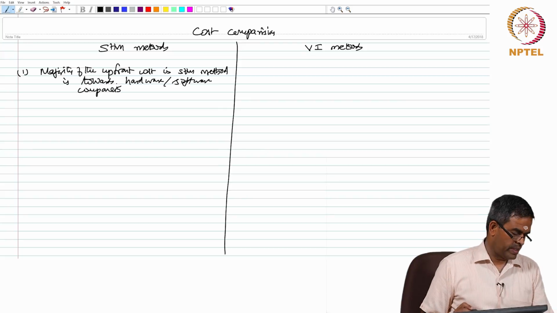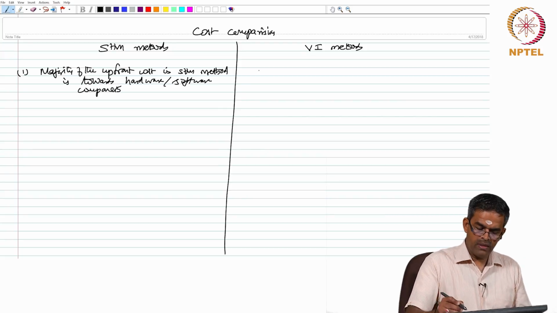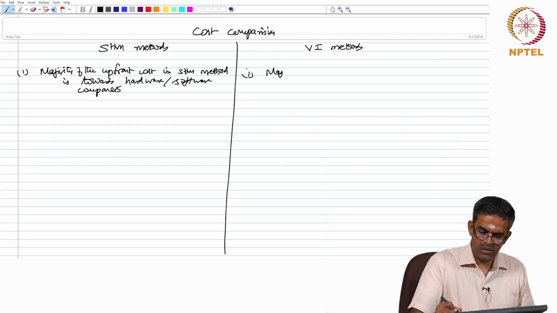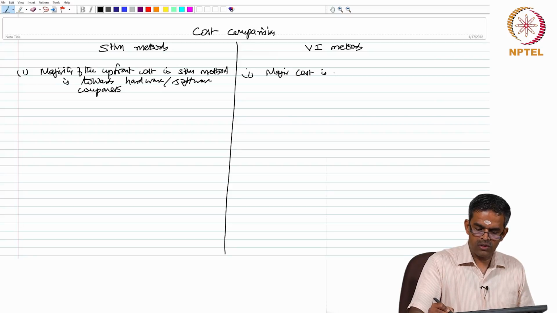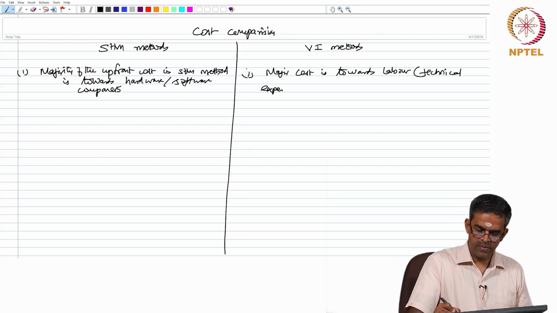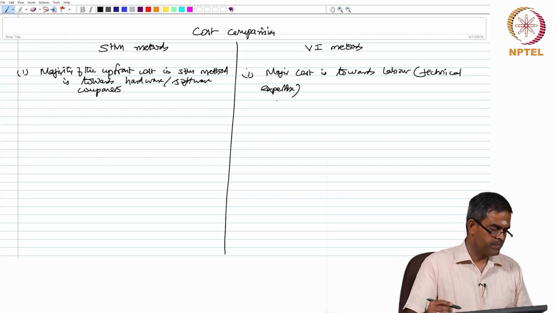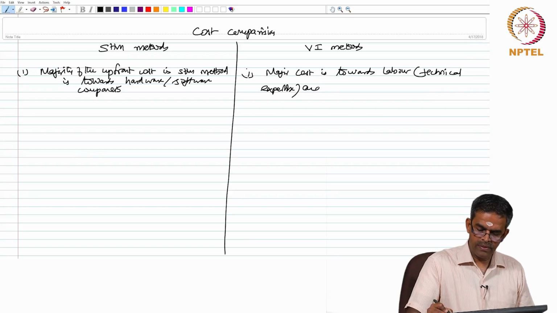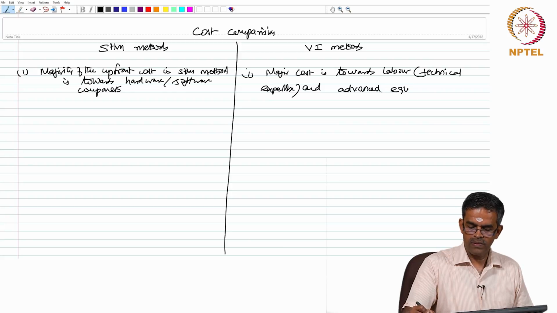That is the first issue we have. In this case, the major cost is towards labor, I should say even technical expertise of the labor and use of advanced equipments to conduct visual inspection.